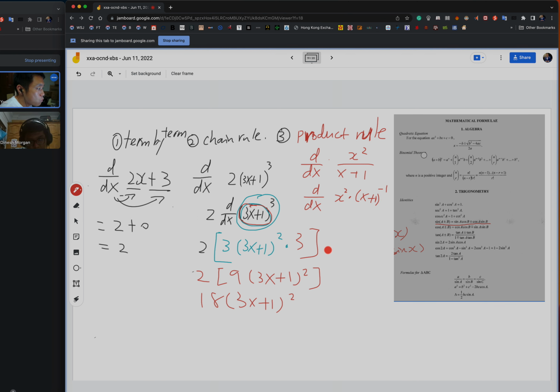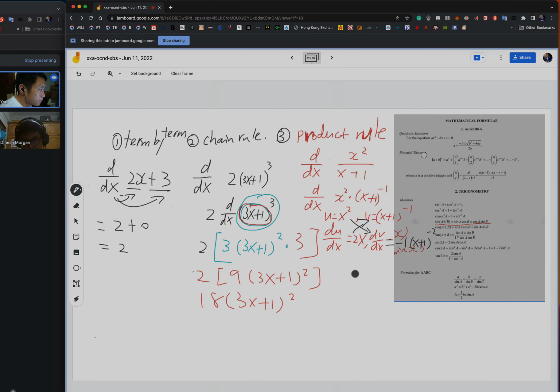Then u equals x squared. Then v equals this expression. Then du dx, you get 2x. Then dv dx, you get minus 1 bring down, x plus 1, so it's minus 2. Then you differentiate inside is 1. Good, done.